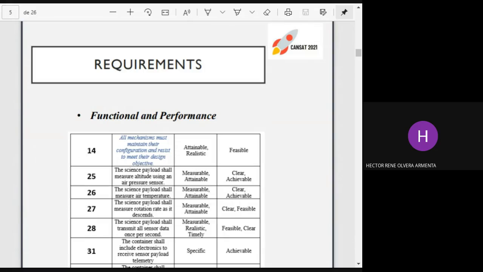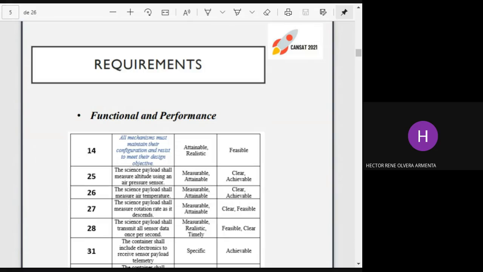As we can see in this requirement, the structure should maintain its configuration, but also resist all the forces involved during the launch to be able to reassemble and make another launch.